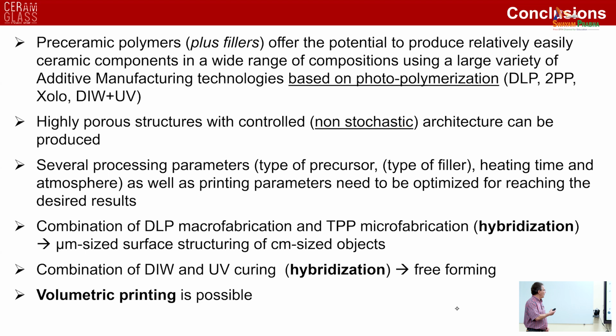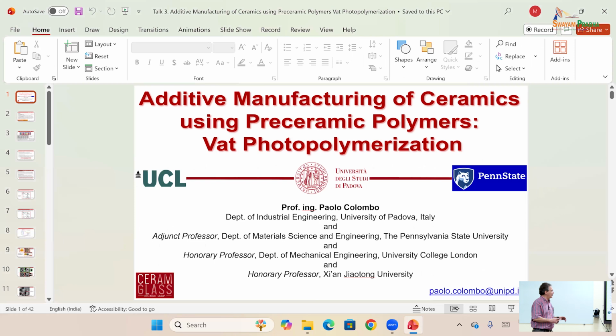And we can combine DLP macrofabrication and two-photon polymerization in order to obtain micron-size surface structuring of centimeter-size objects. So we can do hybridization, and volumetric printing is possible. So this is the end of the presentation concerning additive manufacturing of preceramic polymers using VAT photopolymerization technologies.